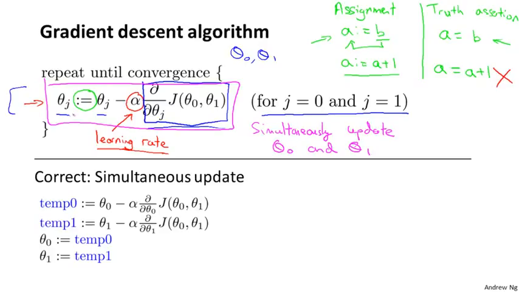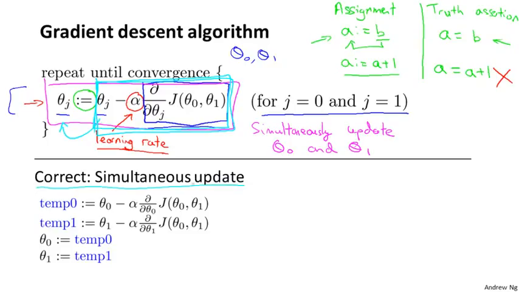What I mean by that is that in this equation, we're going to update theta 0 colon equals theta 0 minus something, and update theta 1 colon equals theta 1 minus something. And the way to implement this is you should compute the right-hand side for theta 0 and theta 1, and then simultaneously, at the same time, update theta 0 and theta 1. Okay? So let me say what I mean by that.